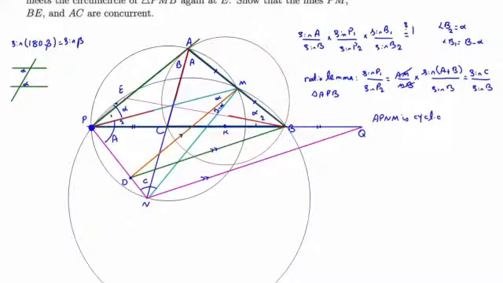When I want to find sine B1 over B2, I can use triangle MPN and the ratio lemma. So sine B1 over sine B2 that we want to find here is sine B minus alpha over sine alpha.